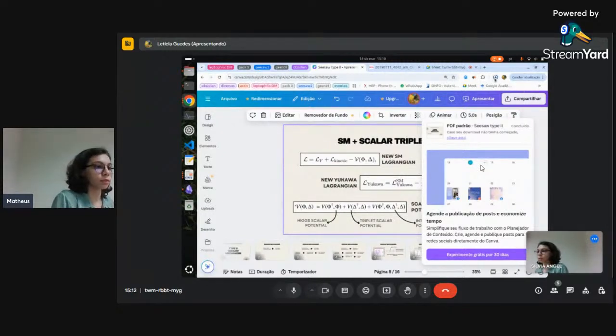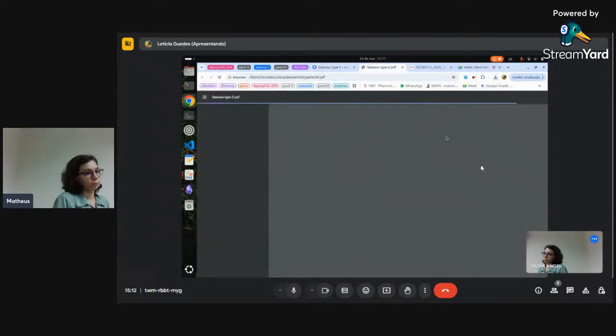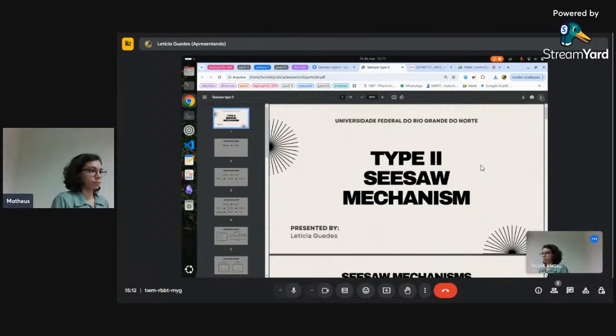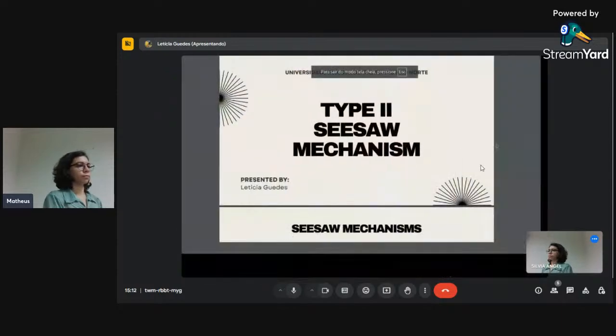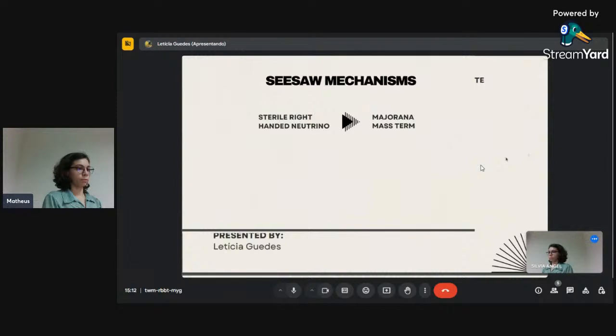Let me see if it... Okay. Is 11? Acho que vai ter uma apresentação. Qual é a apresentação? Please don't vote. Okay.